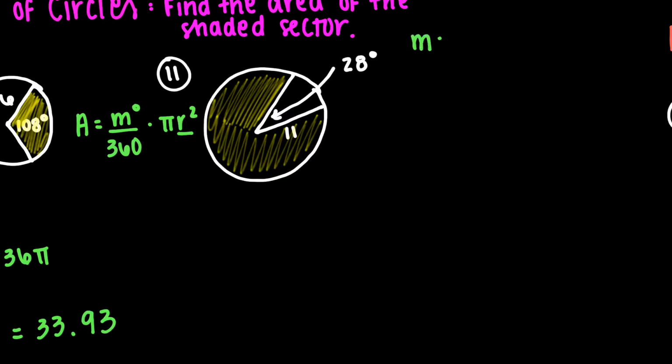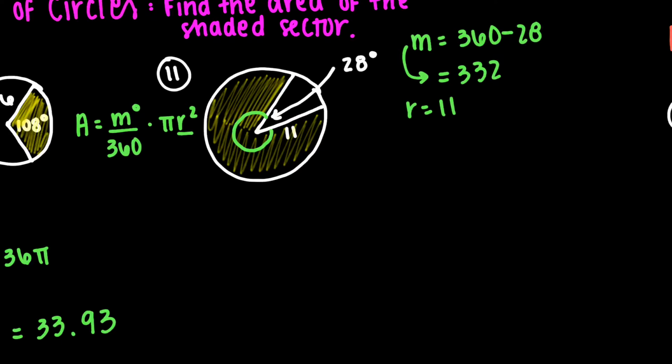Alright, so number 11 is a little different. My measure of my angle is not 28 because that is not the shaded side. You need to remember that in a circle there are 360 degrees. So I'm going to do 360 minus 28 to find my angle. When I do that, 360 minus 28 gives me 332, which is my m. My radius is 11, so now I can plug into the formula.